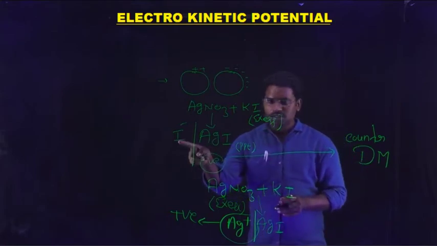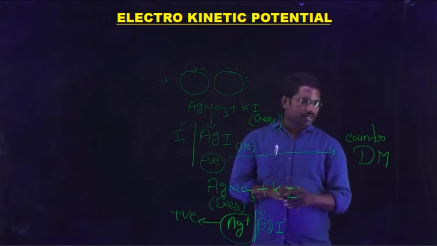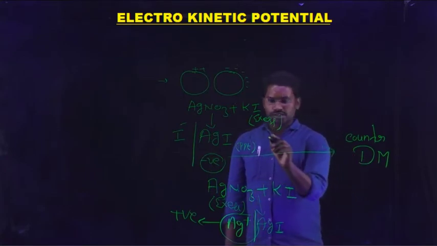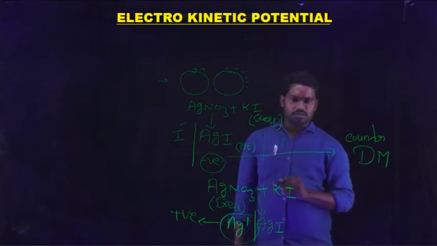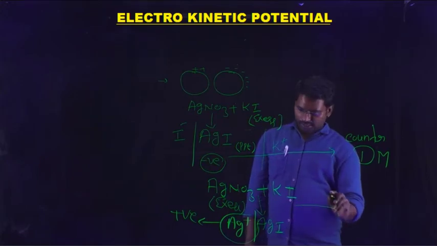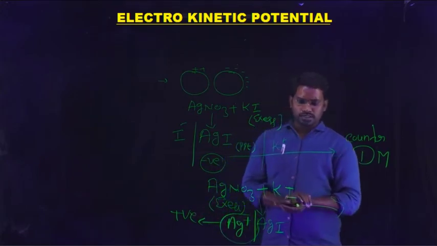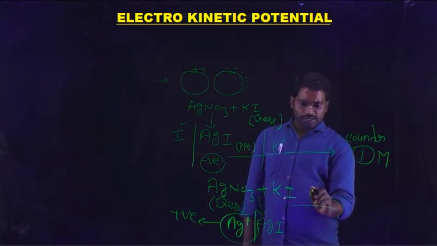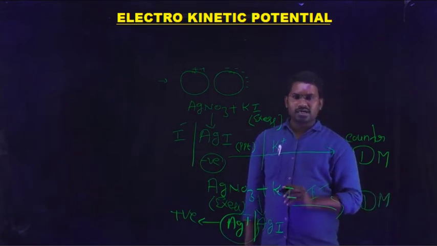Therefore, these negatively charged particles will attract positively charged particles of another substance. In the second case, the colloidal solution contains positively charged particles, and it readily attracts negatively charged particles from the dispersion medium as counter ions.